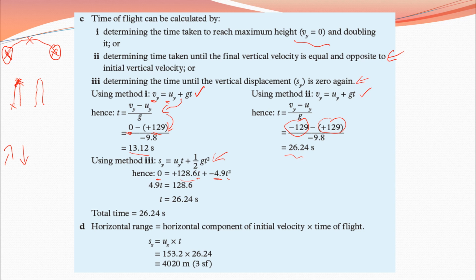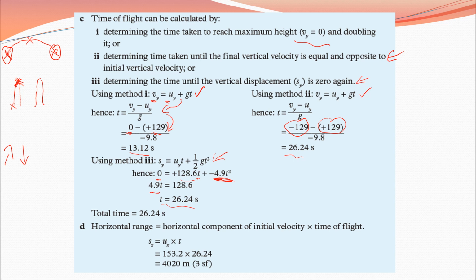When you rearrange this, we've taken this last term and put it on the other side of the equation over here. And we divide both sides by t to eliminate the t squared. And we end up with 4.9t equals 128.6. Divide both sides by 4.9, 26.24 seconds. That's the total time of flight. 3 different ways we did that.